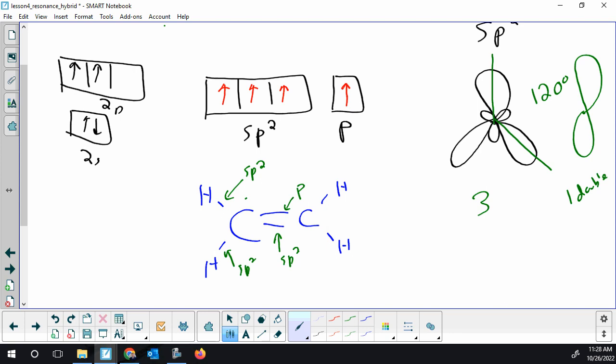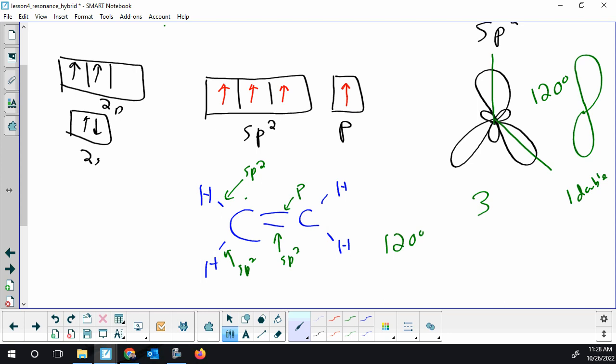There are 3 groupings of electrons. 3 sp2 hybridized orbitals, we get that 120-degree bond angle, which is kind of the way I drew it. So it's flat, sp2 is flat, and we get 120, 120, and then 120. So, different bond angle.